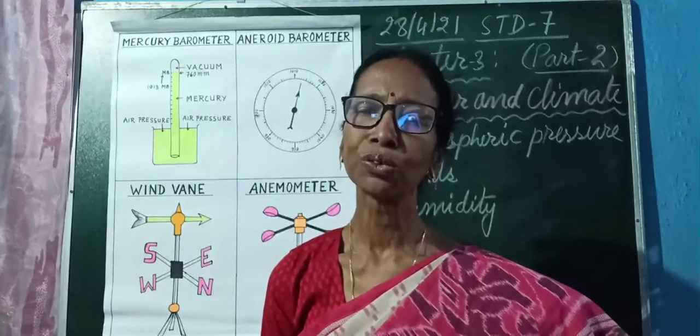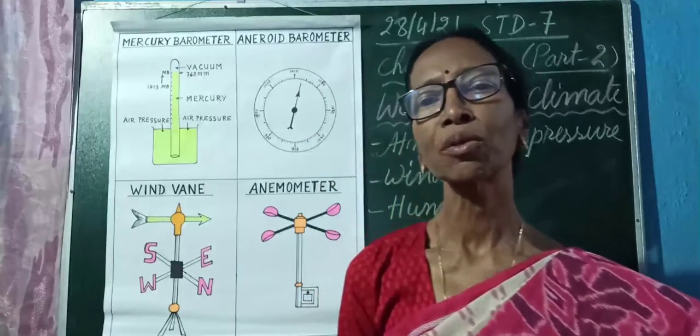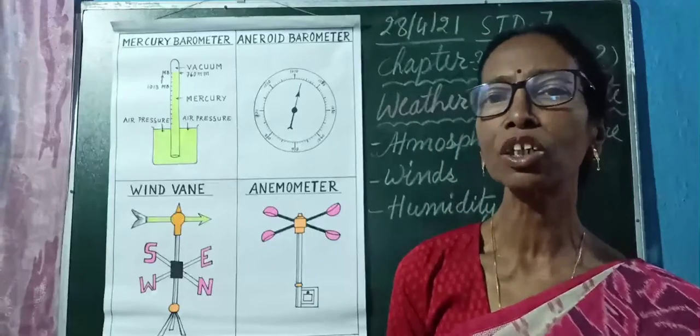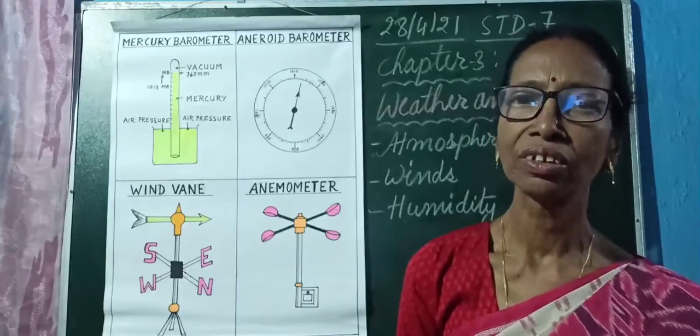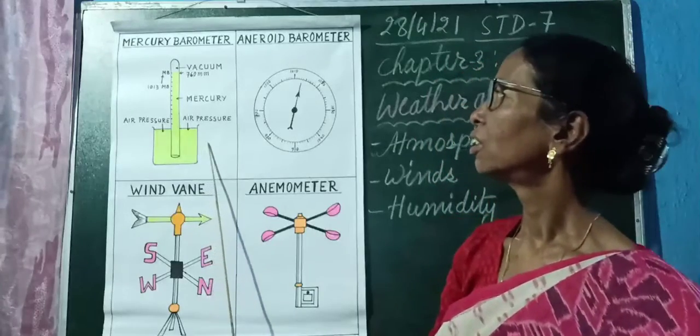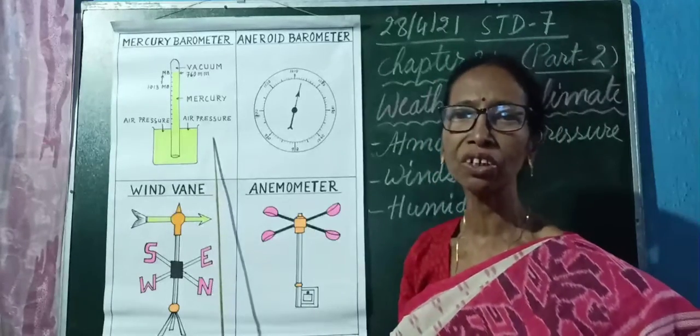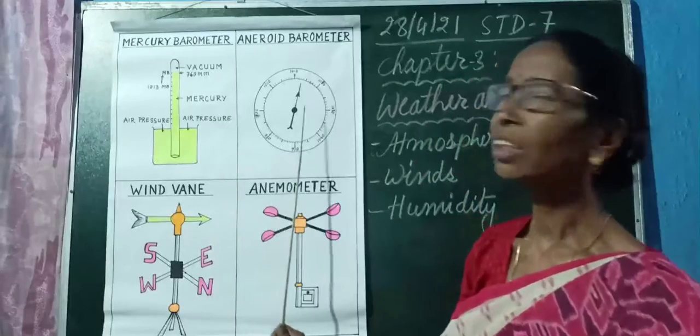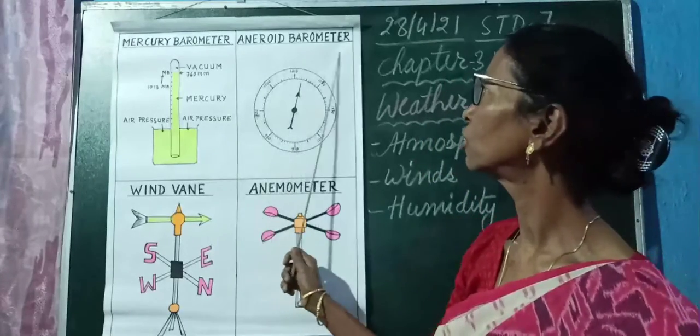How do you know? There are some instruments which measure atmospheric pressure. The simple mercury barometer, which measures the atmospheric pressure. Also another instrument, which is the aneroid barometer.